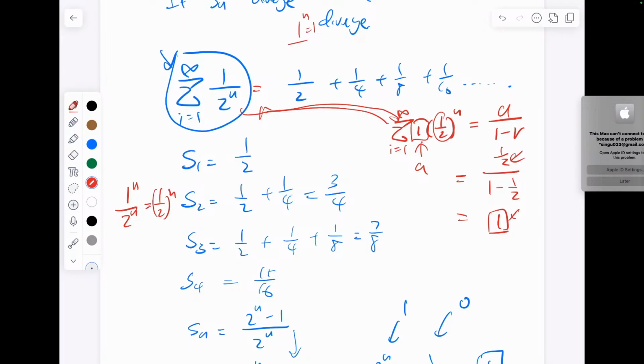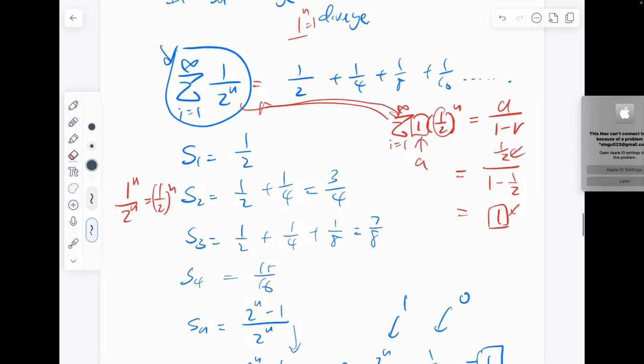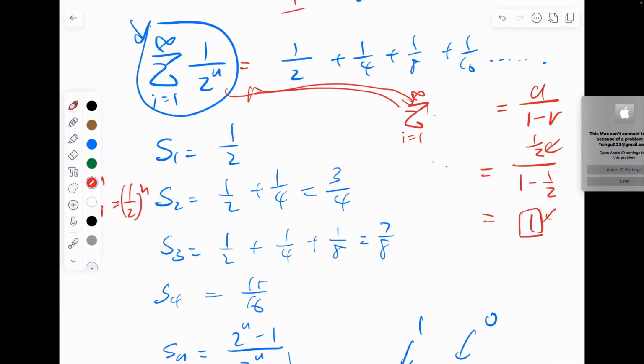But wait, why is a one? Is it no longer zero? I made a mistake here. It's 1/2 times 1/2. Oh yeah, a is 1. I get the 1, but how do we get the 1/2? So the first term is 1/2 times 1/2 to the n. No, this is 1 to the 1/2 to the n.